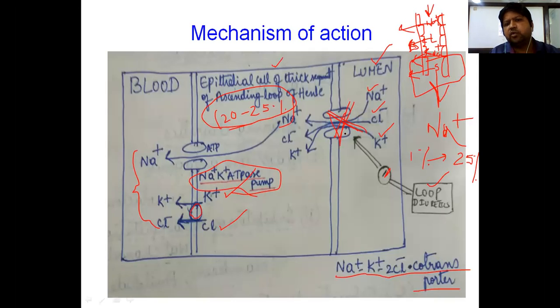So the co-transporter for sodium, potassium, chloride is mainly present on the luminal membrane. They are present on the epithelial cell, but this pump is facing towards the lumen. So if a pump is facing towards the lumen, we call it the luminal membrane.